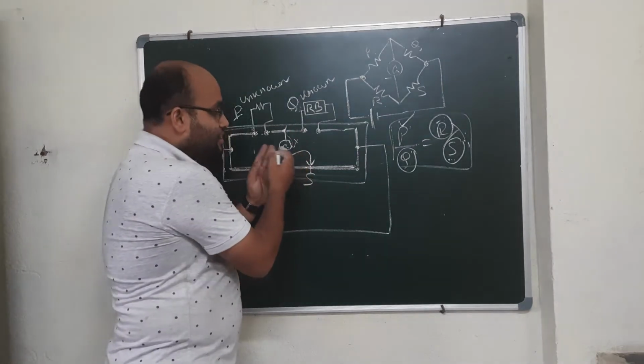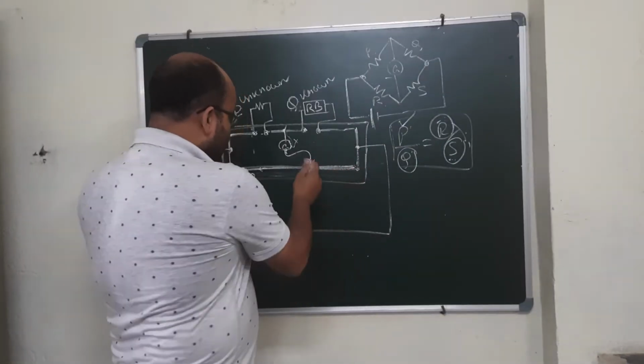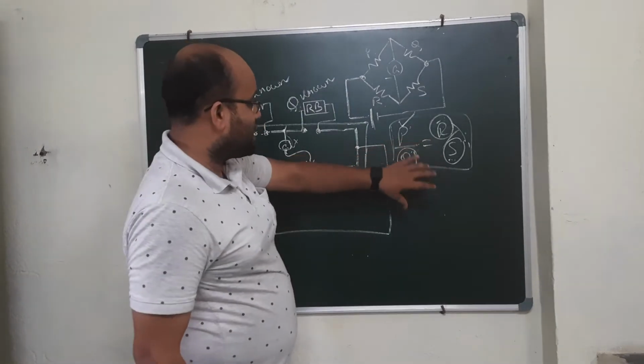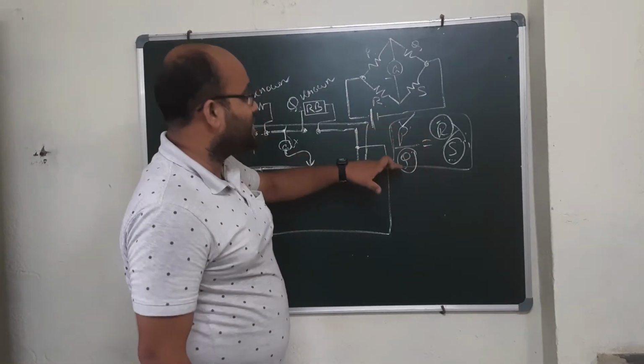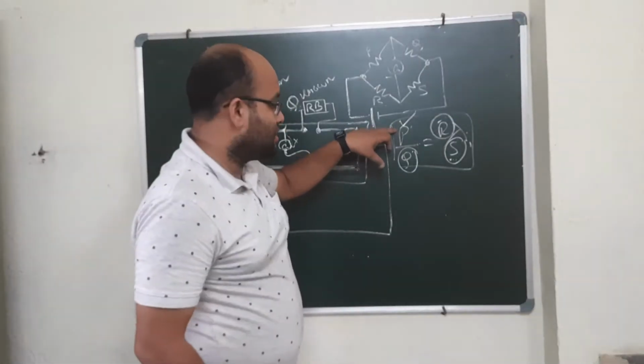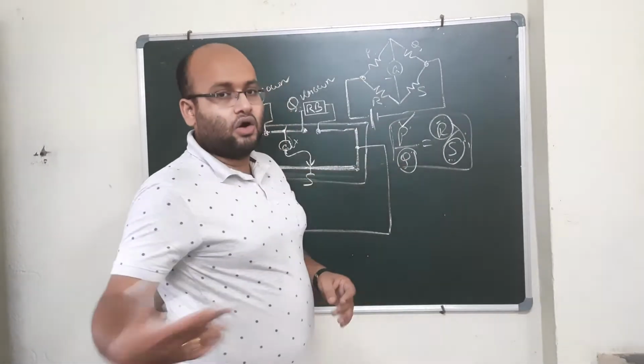So in that particular situation, I can say R and S have a resistance ratio that will be equal to P by Q. And if any one of these is known, then the other will also be known.